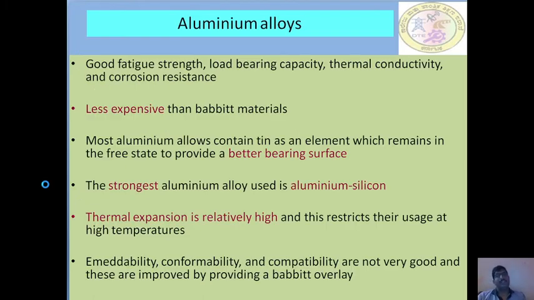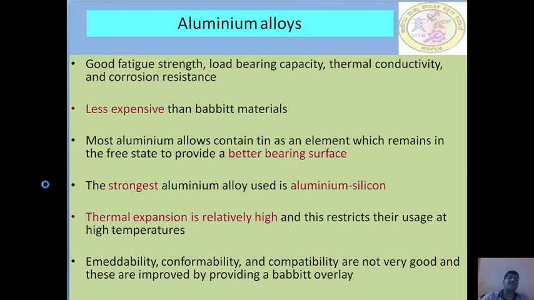Aluminium alloys. Coming to this, aluminum is the most versatile material because of its strength, fatigue strength, load bearing capacity, and thermal conductivity. As these characteristics can also be found in aluminum, it is well suited for almost all applications.